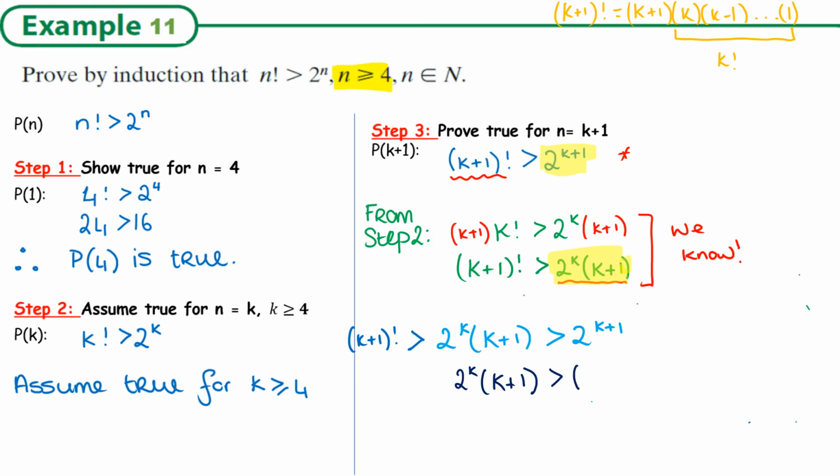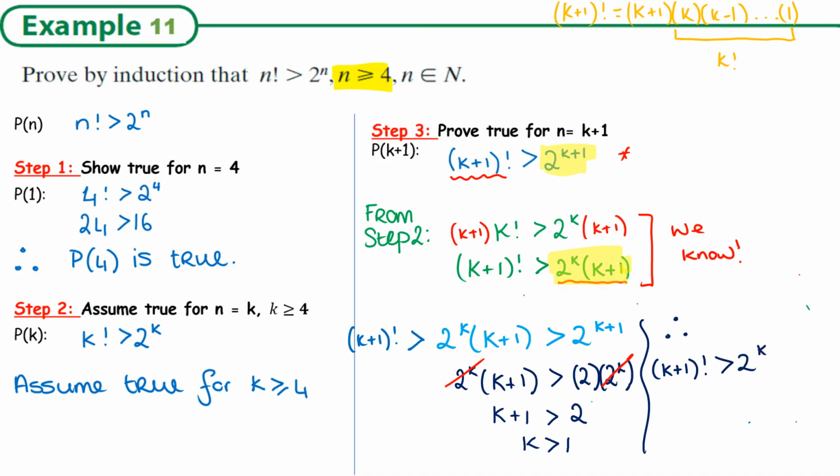So this I can break down into 2 times 2 to the power of k, and now there's a 2 to the power of k on both sides, so I get k plus 1 is greater than 2, so k is greater than 1. Well, we're saying where n is greater than or equal to 4, so that is true. So therefore, I have this line here is greater than 2 to the power of k plus 1.